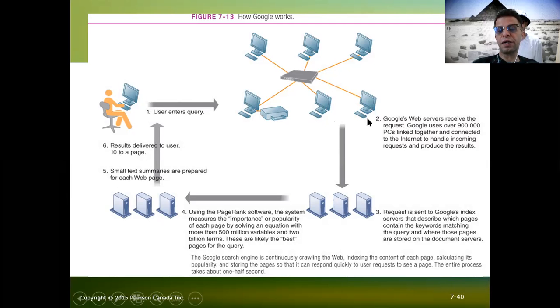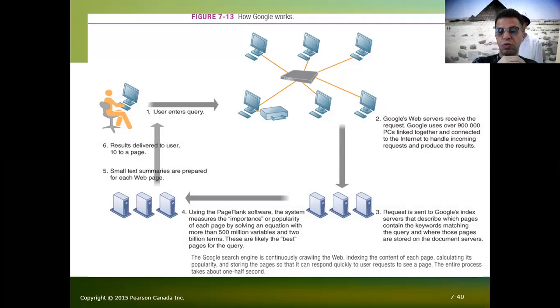Google uses over 900,000 PCs linked together and connected to the internet to handle the incoming requests and process the results. The request is sent to the Google index server, which describes which pages contain the matching keyword. It starts looking at the keyword matching, at the pay-per-click, and at whose website has been asked for more than others, and starts ranking them.